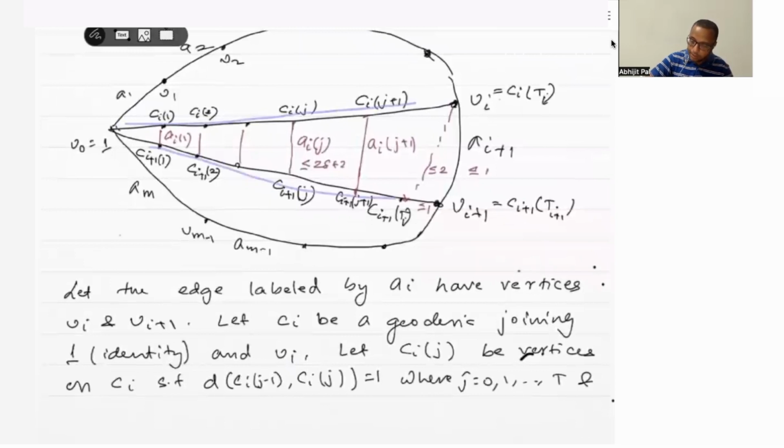And now note that the distance between Vi and Vi plus 1 will be at most 1, because the length of this edge is equal to 1.